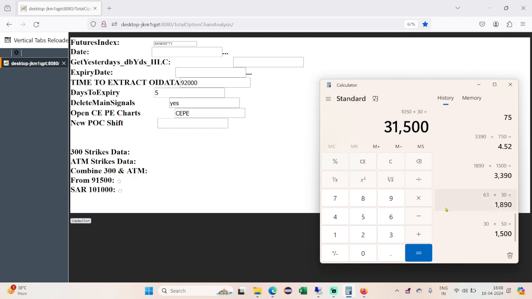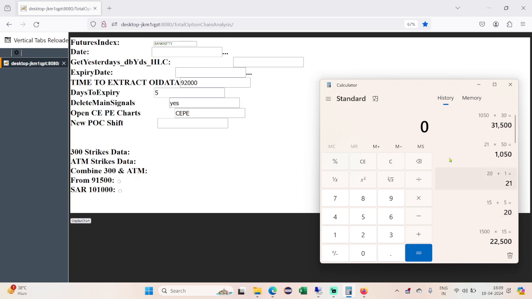Remember, we had to trade with different lot sizes depending on the losses given by the signals. Okay. In my experience, we might get 4 consecutive losses. Let us say we get on an average 75 points loss in every trade.